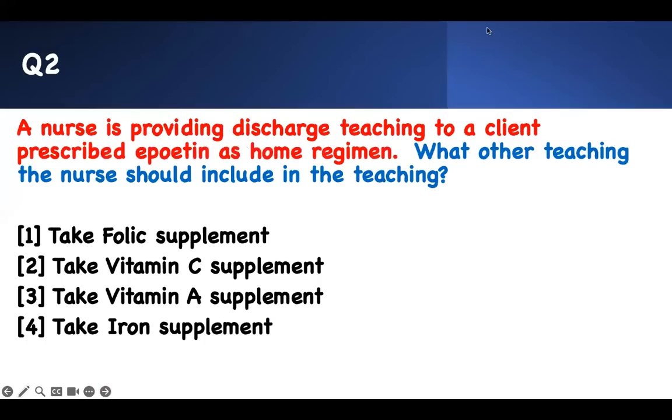Number 2. This is the same. It's a long question, but there's only one key thing you need to know. That's all. What other teaching should the nurse include in the teaching? A nurse is providing discharge teaching to a client prescribed what? Epoetin, discharge teaching as home regimen.